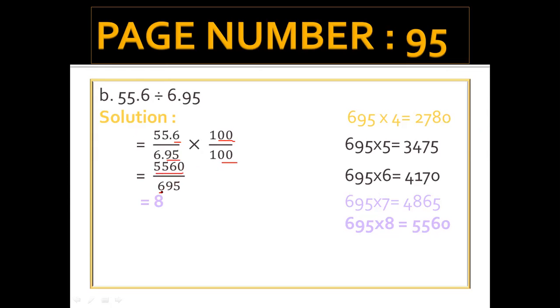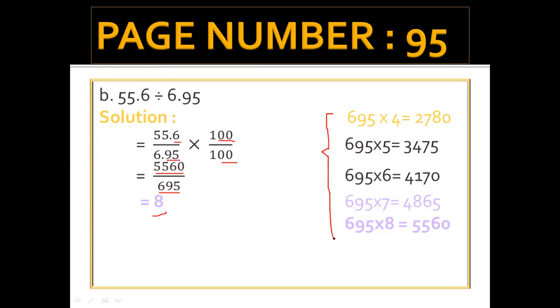5560 over 695. When we multiply the numbers with 100, 5560 over 695. I also write here the multiplication of 695, or I write the table of 695.